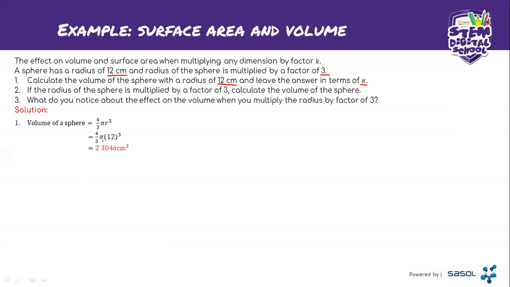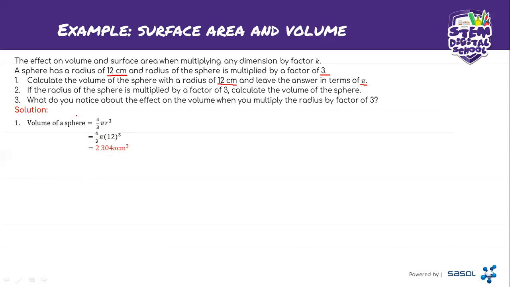You don't include the pi, because once you include it, the answer you get is going to be a decimal number and pi is not going to be there. So this is the volume of that sphere.